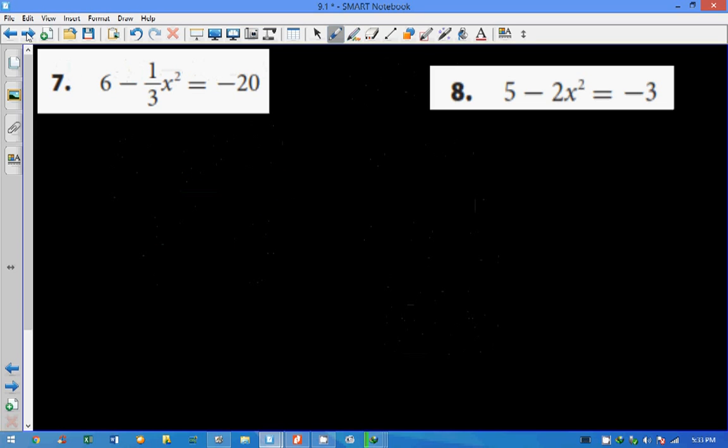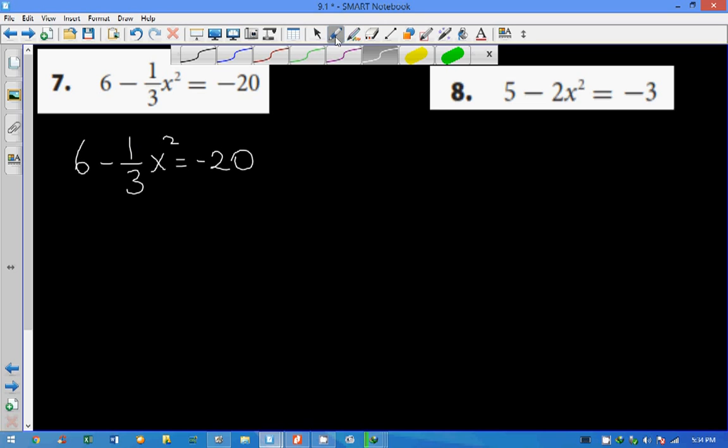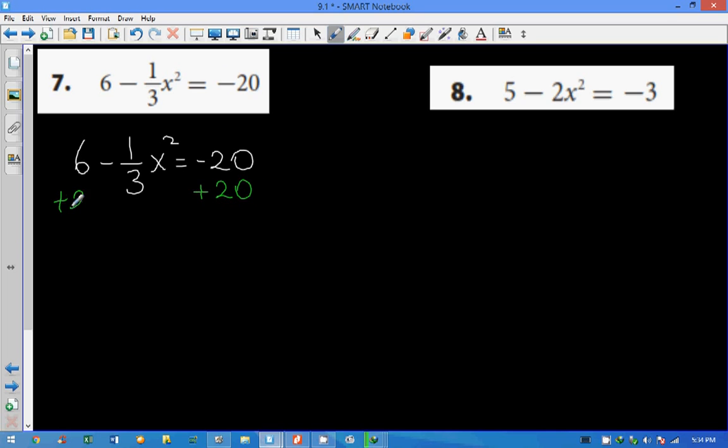And another two problems. I think those are the last problems. So 6 minus 1 over 3 x squared equals negative 20. What we can do is add 20 on both sides. Negative 20 plus 20 is going to be 0. 6 plus 20 is 26, minus 1 over 3 x squared.